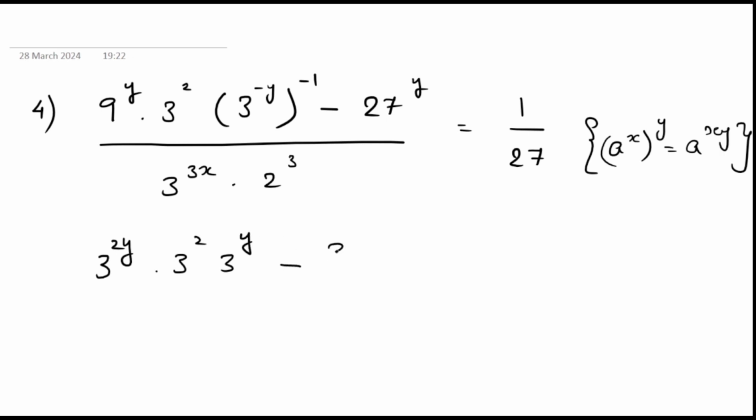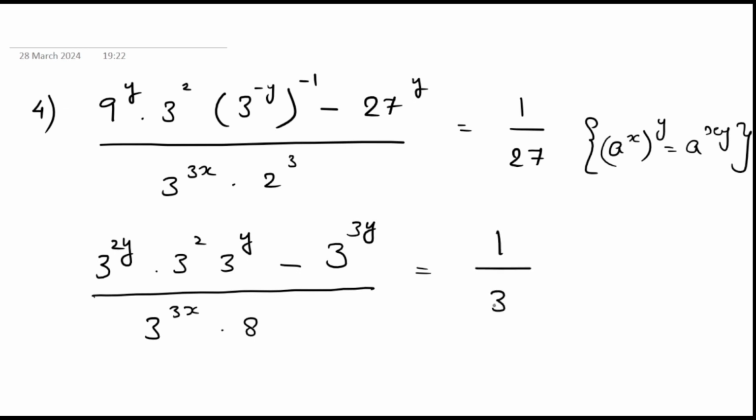Minus 3, this I'm writing as 3 to the power 3, which is nothing but 27. And there is a y in the power. So 3 to the power 3y. The whole divided by 3 to the power 3x. And 2 to the power 3 is 8. So into 8 is equal to, this I'm writing as 1 divided by 3 to the power 3, which is 27.